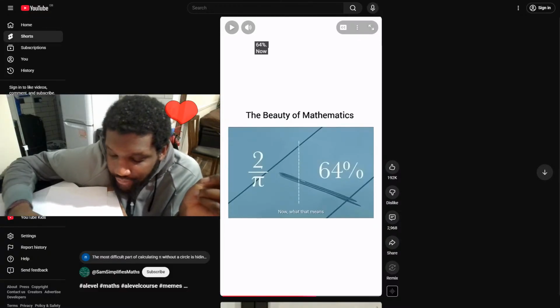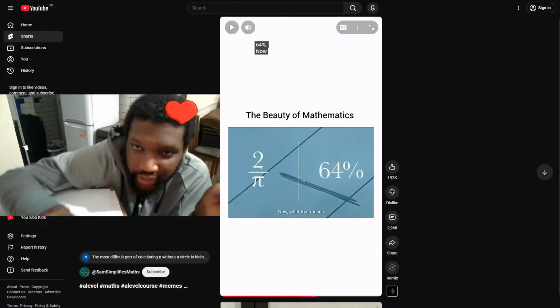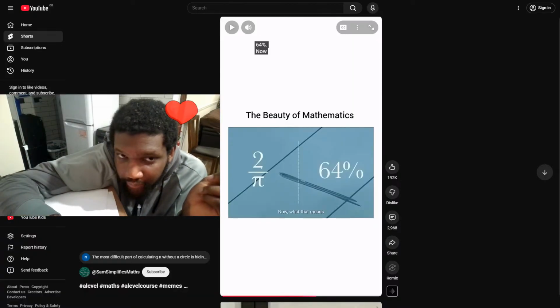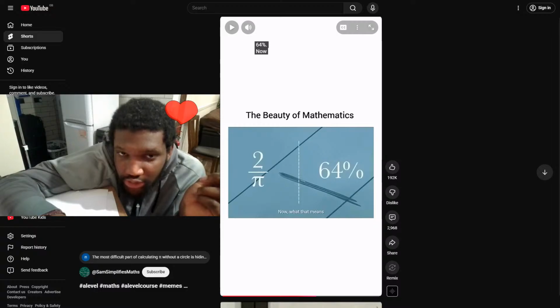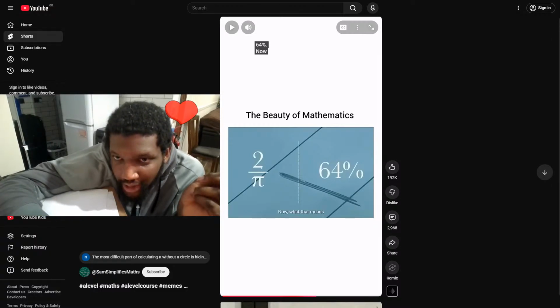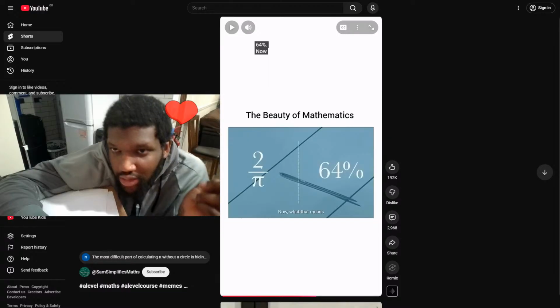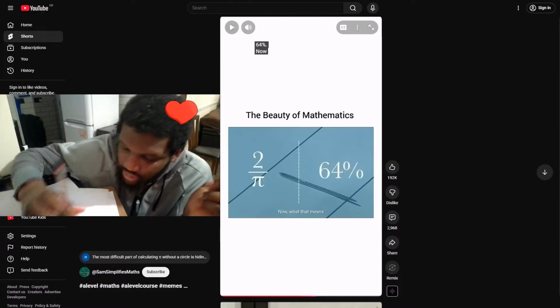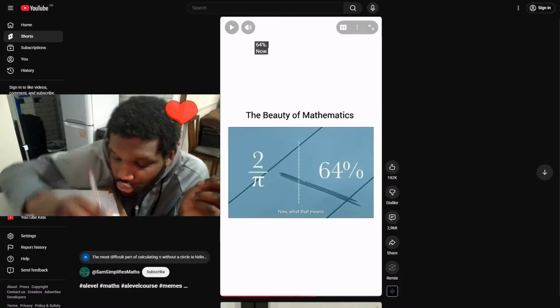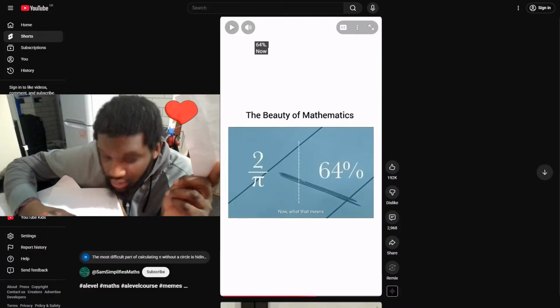So that's about 64%. So if I add this to pi over 2, so pi plus pi over 2, basically pi over 2 plus pi over 2.